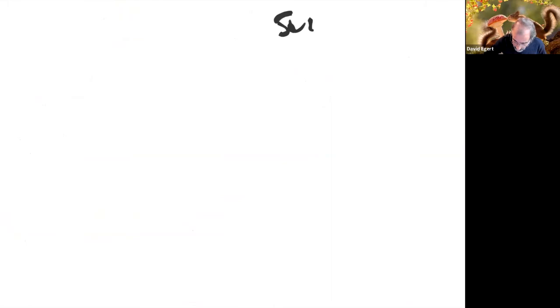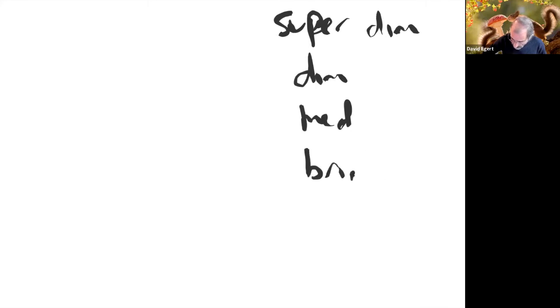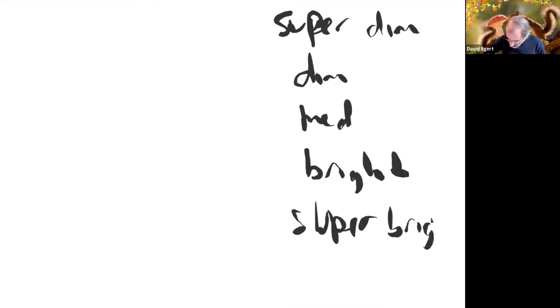Let's just start super dim, then dim, then medium, then bright, and then super bright. I never have to wait 5 minutes for my eyes to dark adapt because I'm never going from brighter to darker. And so this is going to be trial 1, 2, 3, 4, and 5.